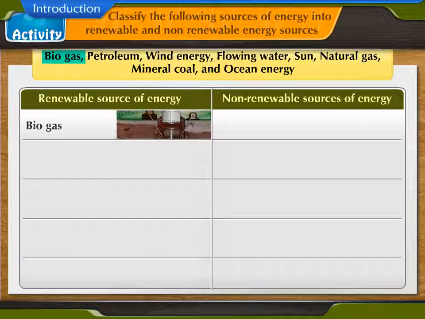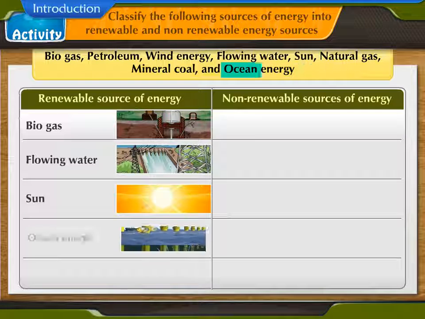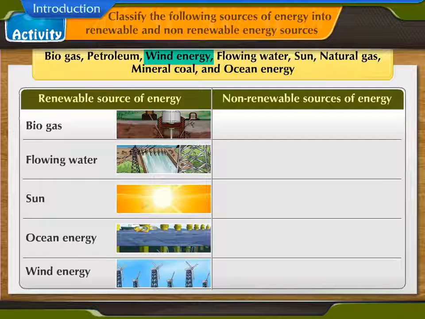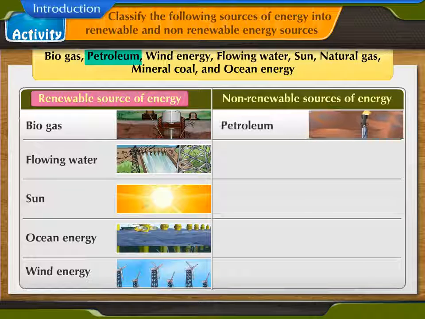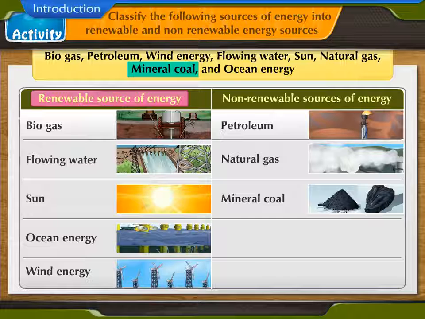Well, biogas, flowing water, sun, ocean energy, and wind energy are renewable energy sources, while petroleum, natural gas, and mineral coal are non-renewable energy sources.